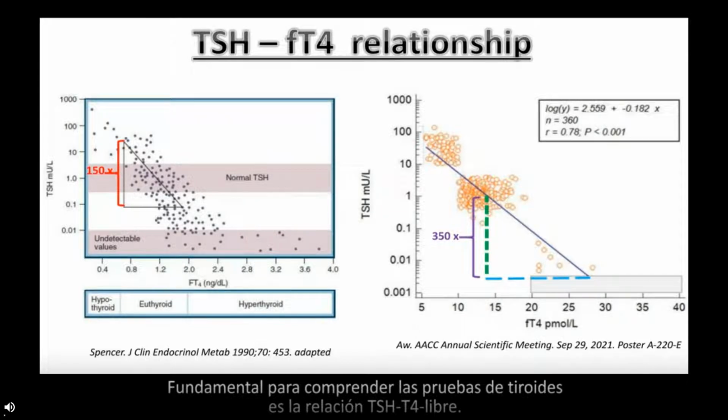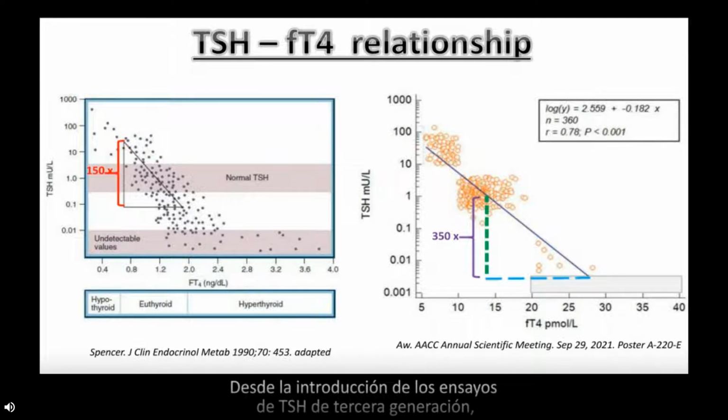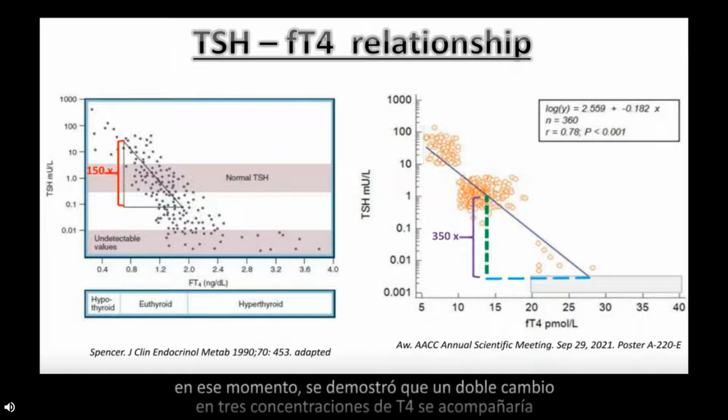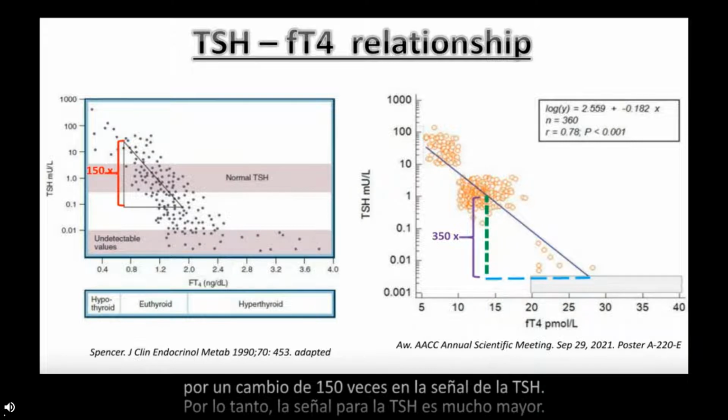Critical in understanding thyroid testing is the TSH-free T4 relationship. Since the introduction of third-generation TSH assays, at that time, it was shown that a twofold change in free T4 concentrations would be accompanied by a 150-fold change in the TSH signal.